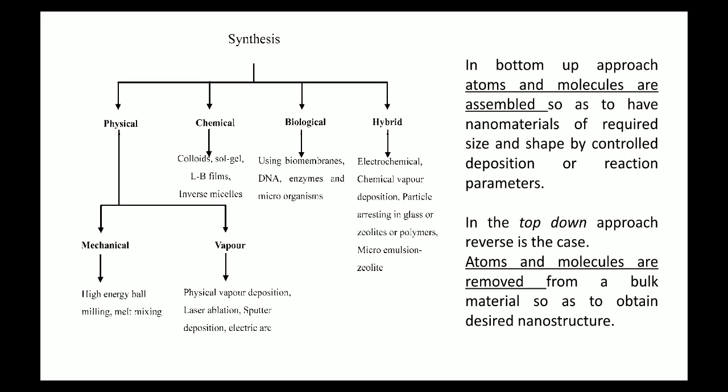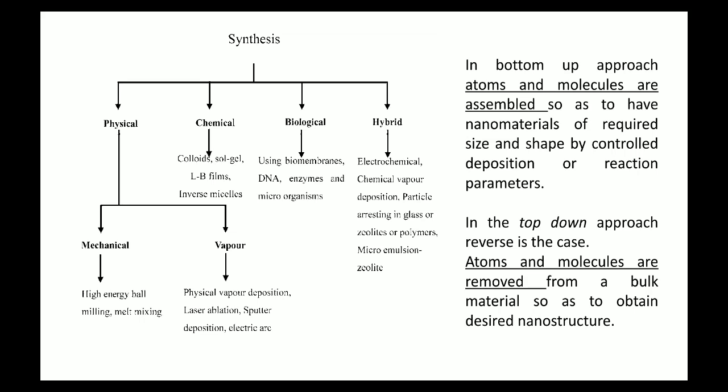And in case of vapor, there are different techniques by which we are able to make the nanomaterials. It is called physical vapor deposition because we are under the physical category.